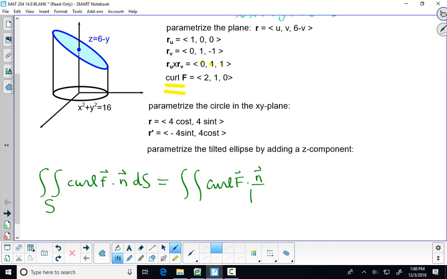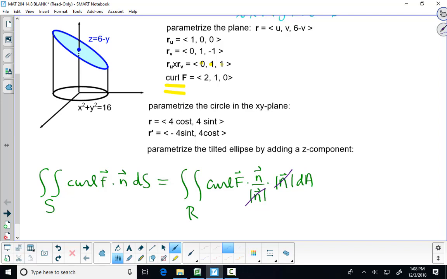And again, I don't know why they don't use a capital N so that it would make more sense over here to write it as little n divided by the length of little n. So you just have to remember that this is a unit normal there. And then dS, when we convert that to dA, it's the length of n dA. And then this is over r. So these guys just cancel.